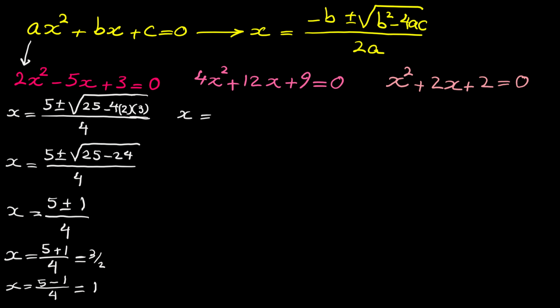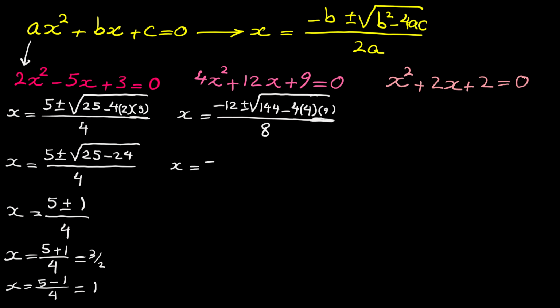Again, by using the quadratic formula, x is negative b. b is 12, so negative b is negative 12, plus or minus the radical of b^2. 12^2 is 144, minus 4ac, 4 times 4 times 9. a is 4 and c is 9. All of this over 2a. 2 times 4 is 8.